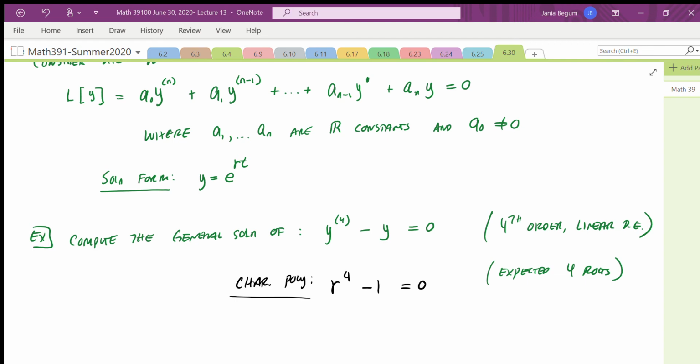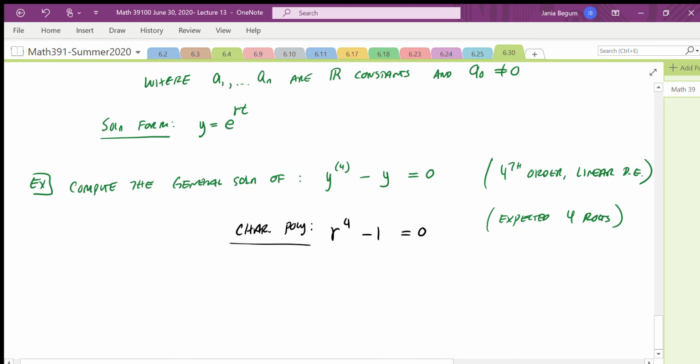You can factor this by thinking of it as a quadratic. It looks like a difference of perfect squares, so I'm going to think of it as r squared. If you remember, r squared minus 1 factors as r plus 1 times r minus 1. But in our case, our r squared is like r to the fourth, so we're going to have r squared plus 1 and r squared minus 1. I hope that makes sense.